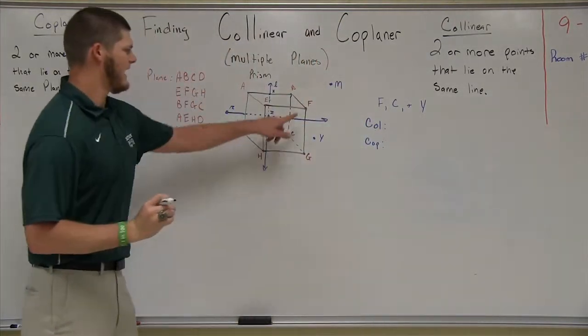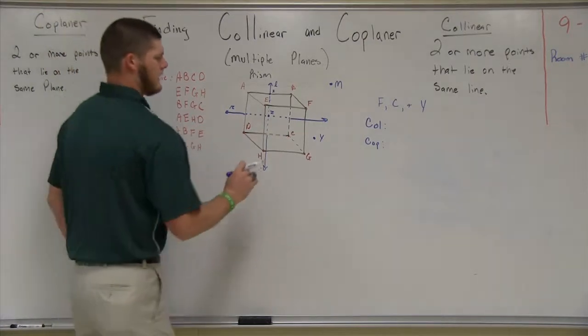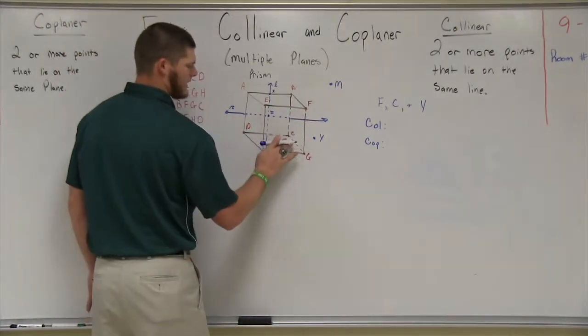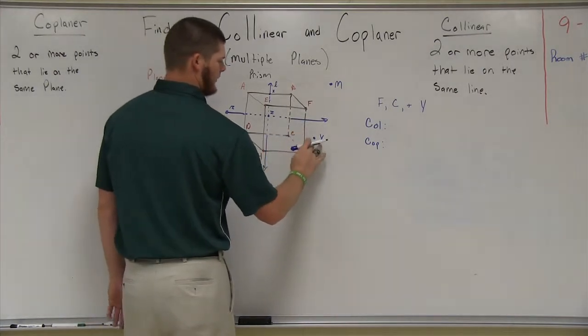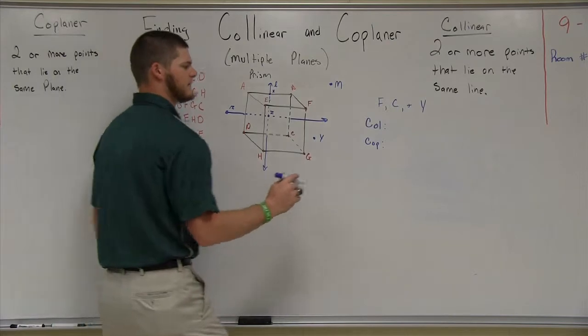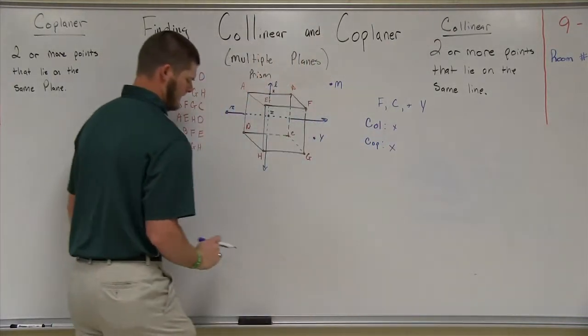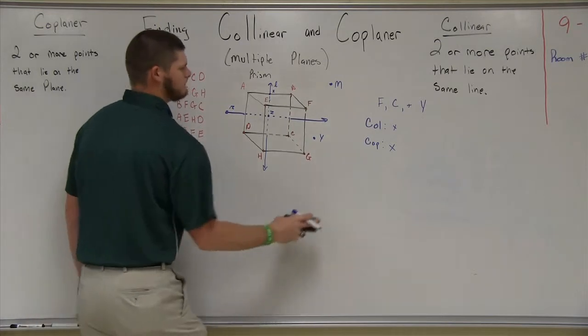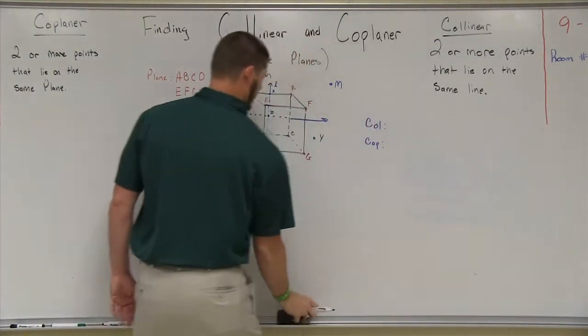Alright, so we have F here and C. We can see that F and C are not collinear, but they are coplanar. They're on this far side over here. But point Y is not on a line with them or on a plane with them. So these would be neither collinear nor coplanar. We'll look at one more.